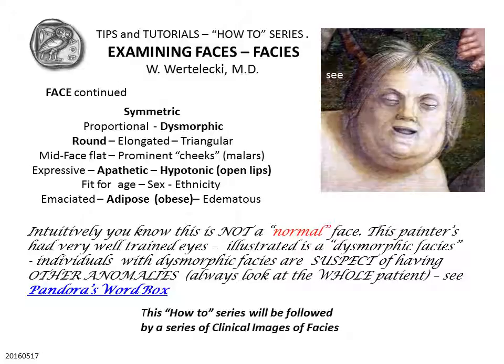I don't know exactly the ethnicity, but I know that there is some degree of adiposity. So, in the sum of sums, this is not a normal face. And anytime we see a dysmorphic face, the question is, what else? What else is dysmorphic? What other anomalies may there be? Never examine a patient partially. Always examine a patient totally.